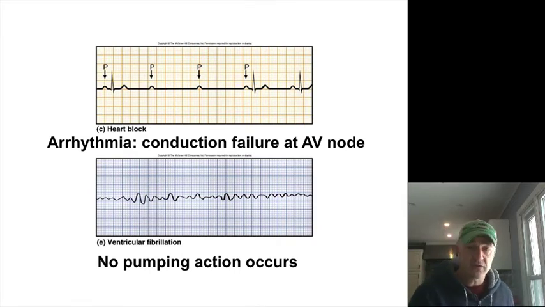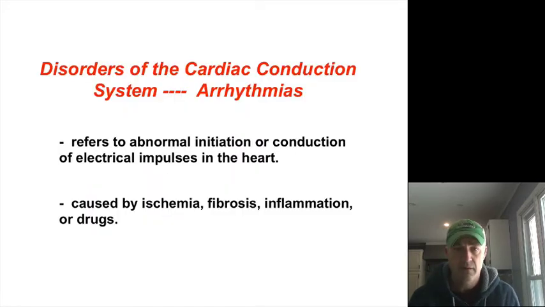With a ventricular fibrillation like that, where it's that out of rhythm, you're not going to get technically any movement of any blood in these cases. And again, anything that is an arrhythmia is any abnormal conduction within the heart. This could be damage, scarring, inflammation, too much caffeine, too much cocaine, anything like that can lead to some of these arrhythmias.